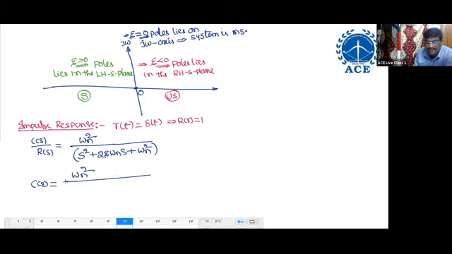Omega n square by S square plus 2 zeta omega n S plus omega n square. Now substitute R of S. Then C of S becomes omega n square by S square plus 2 zeta omega n S plus omega n square.